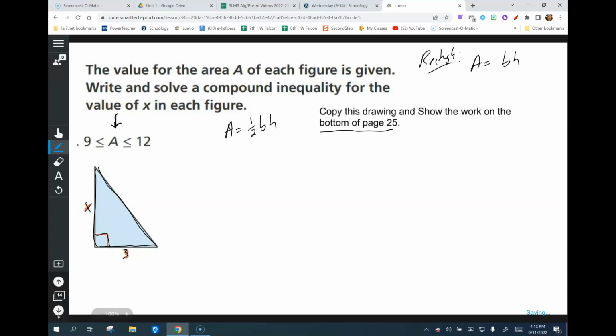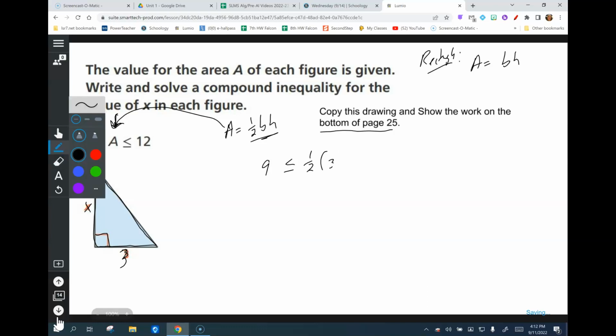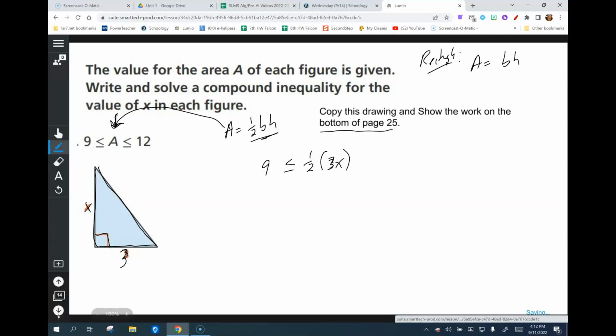Okay, so now we're going to plug that in. We're going to take and plug in this area. So 9 is less than or equal to the area, which is 1/2, times the base, which is 3, times the height, which is x. Oops. So I could have just done 3x is less than or equal to 12.